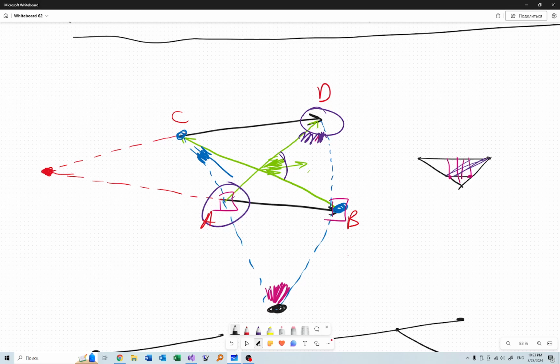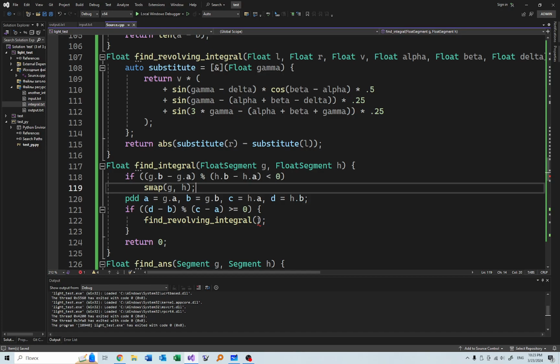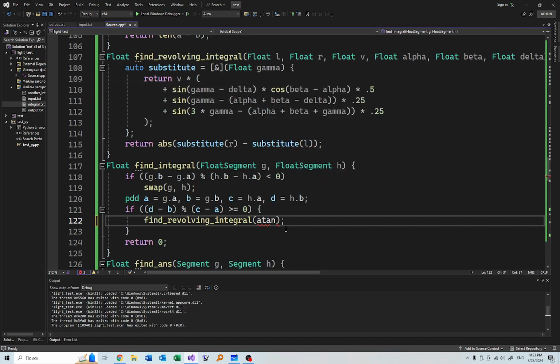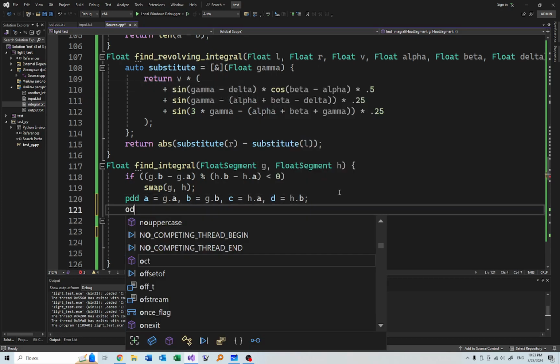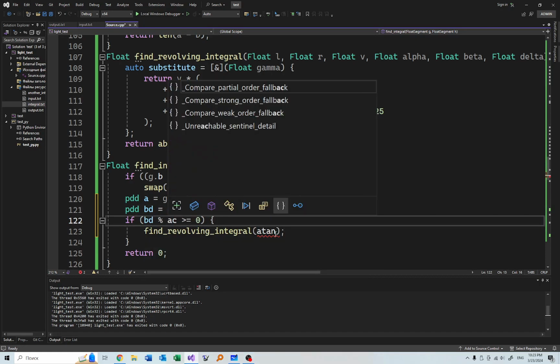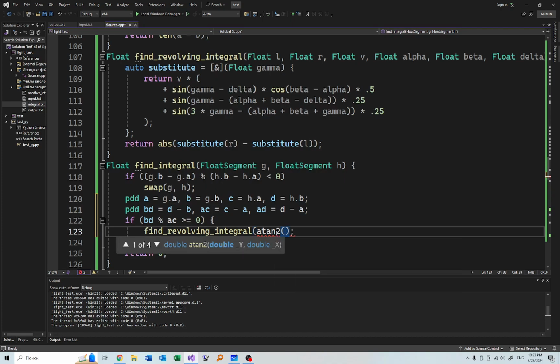This indicates that we have an integral from AD to BD. From AD is atan2. So we have here BD, AC.